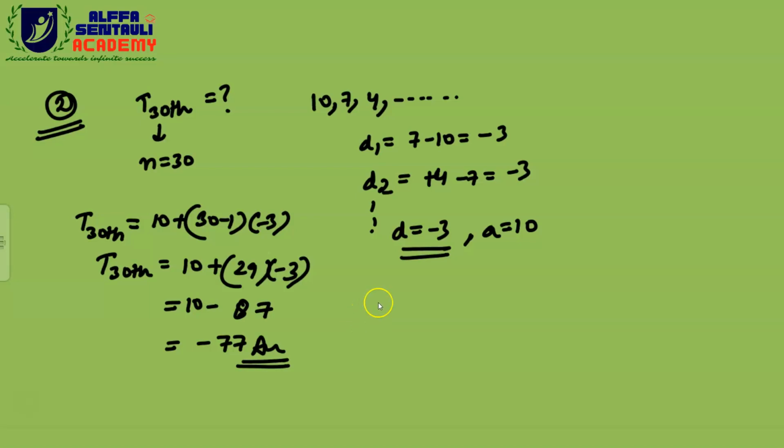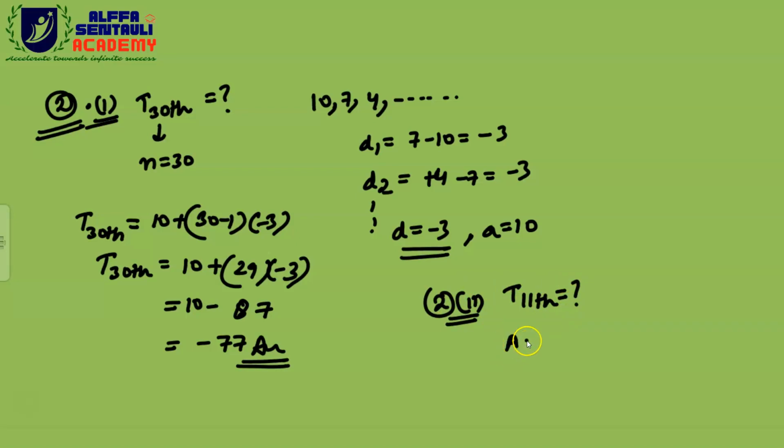Good. Now let us solve. This was question number 2, first part, right? Can you solve the second part of this question? Second part is they are asking the 11th term, T11, right?